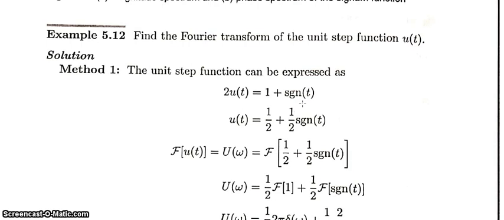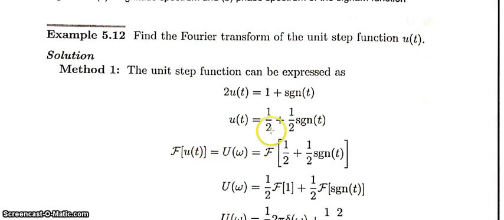When we add 1 to the signum function, the value for t less than 0 becomes 0, and for t greater than 0 it becomes 1 plus 1, 2. So that is equal to 2 into u of t. Therefore, taking this 2 to the left side, u of t is 1 by 2 plus 1 by 2 into signum of t, and we can find the Fourier transform of u of t.